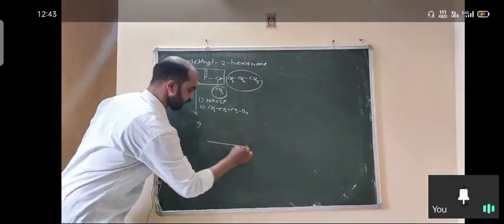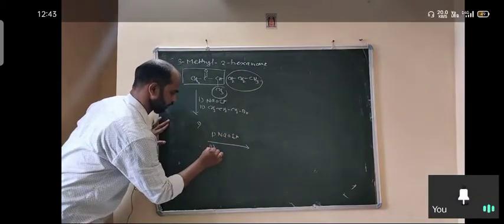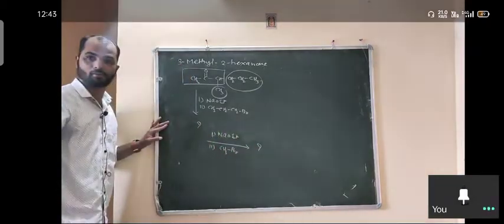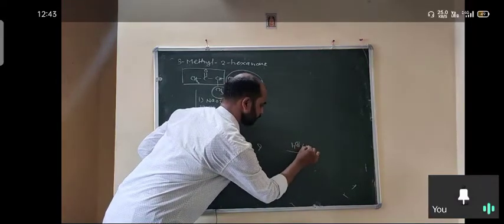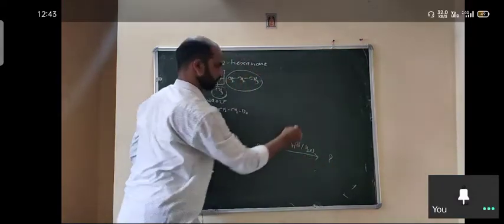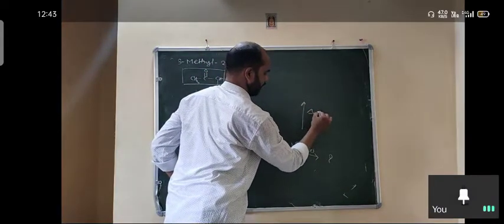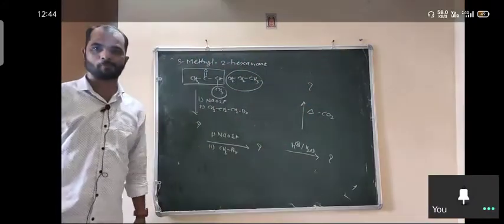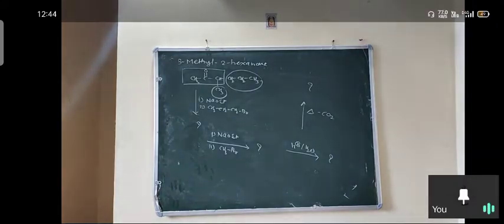Second, again you need NaOEt, here use CH3Br, write the product here. Third is hydrolysis, H+ H2O, write the product. Last one, heating, CO2, write the product. Okay, can everyone see?